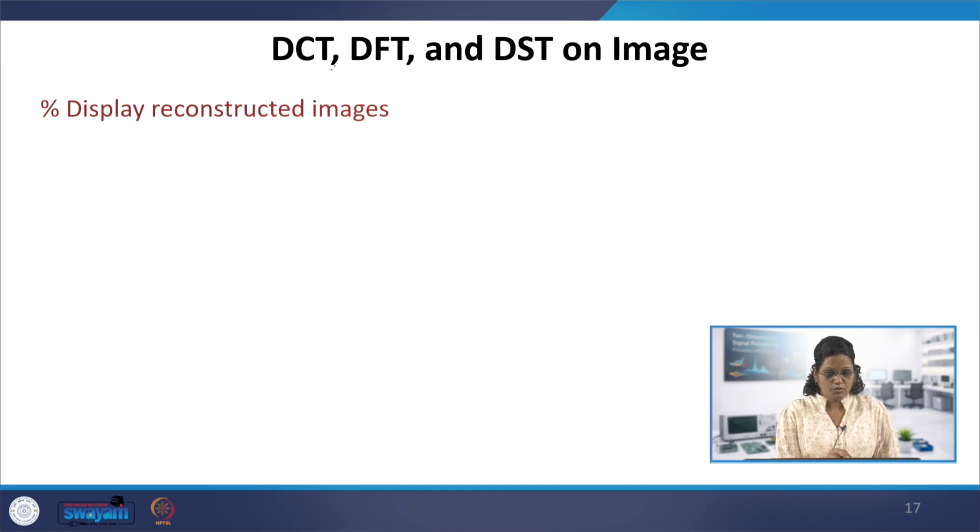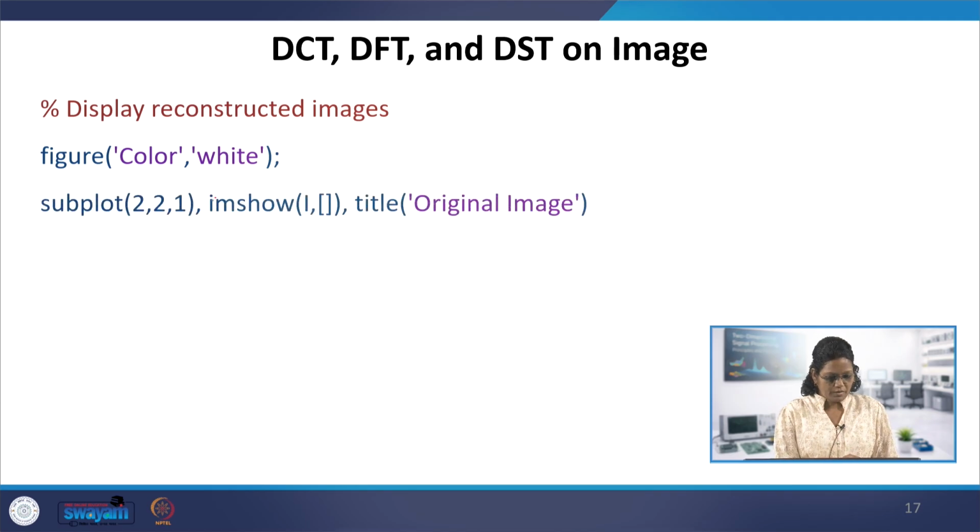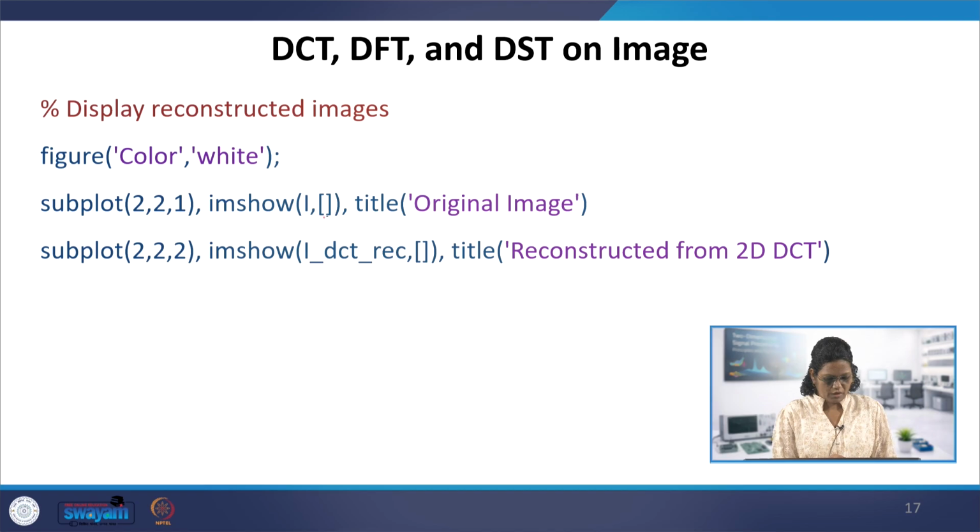Now let us take the reconstruction process of the images. The image and its magnitude plot are known. To plot the reconstructed image we use imshow, the command used to show the image, with the variables obtained from the inverse transform, as you recall from the DCT reconstruction.